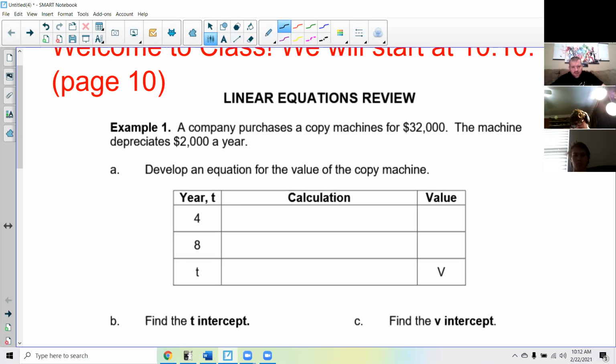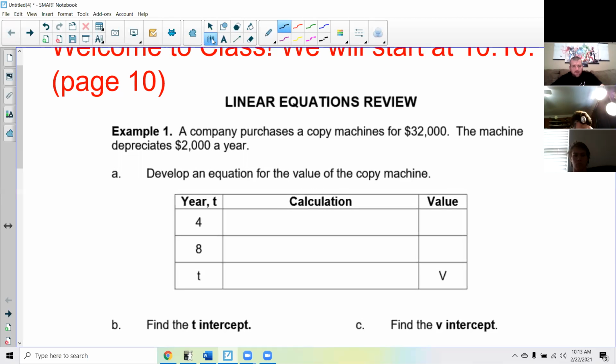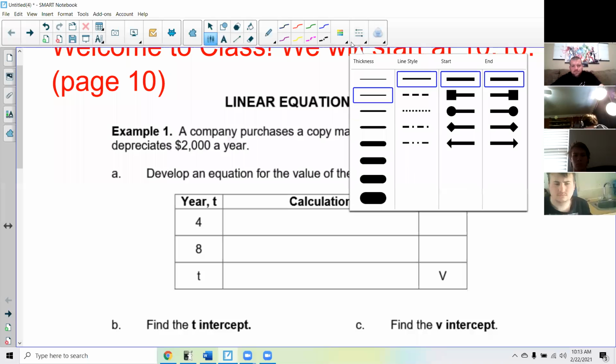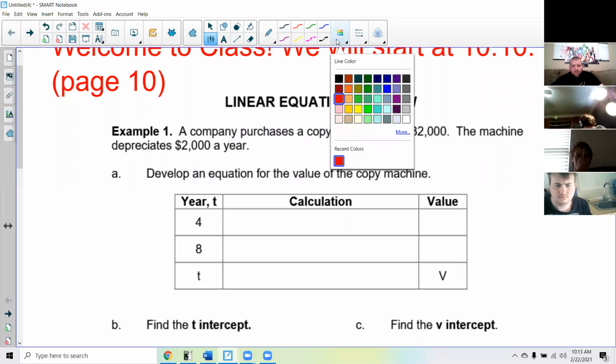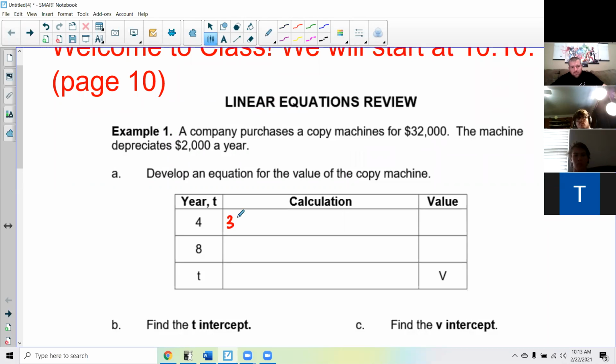Well, it's 32,000 minus 2,000 for each year. So this is going to be minus 2,000 times 4. And that'll give us a value of $24,000.